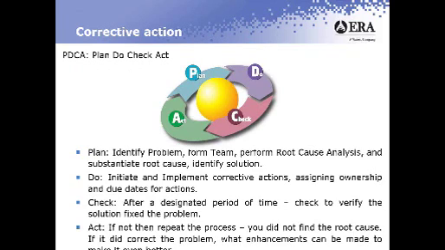We need to put a solution in place at this point in time. The do, very simple. Now we're going to initiate and implement those corrective actions. We're going to assign owners and due dates for those actions. All right, and there's going to be regular follow-up. Sometimes, you have an issue or problem that's not going to be solved overnight or within a week.